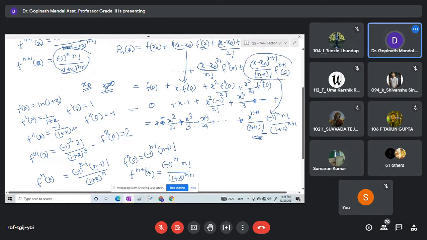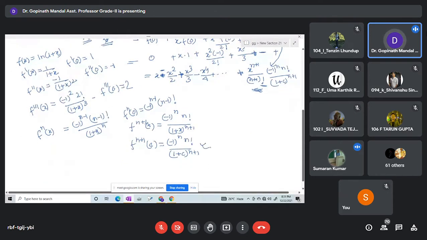From here, just put x equal to 0. So x to the power n plus 1 by (n plus 1) factorial, and f(n plus 1) of c we just calculated here. Okay, I got it.